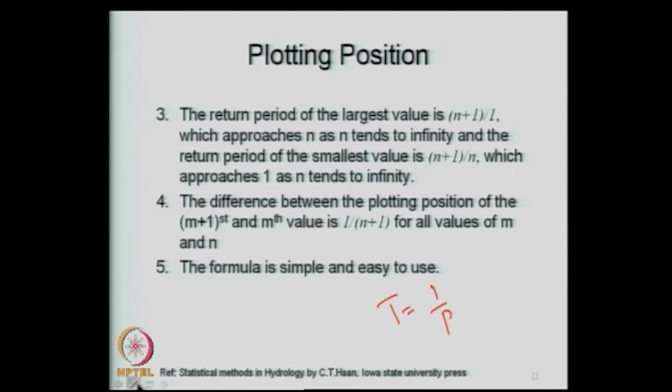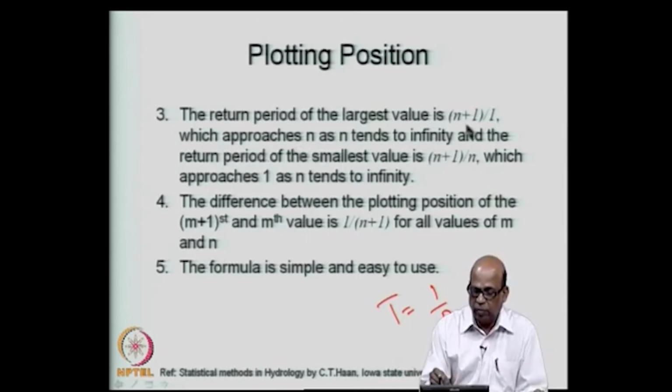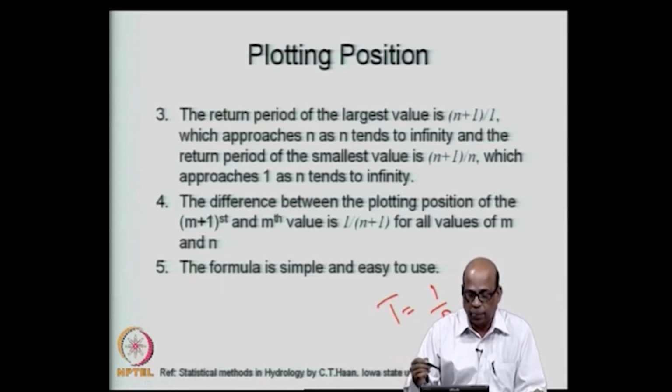We are now talking about the return periods, not the probabilities. So, return period is 1 by p. So, 1 by p will be n plus 1 by 1, because your p is 1 by n plus 1, and therefore, the return period is n plus 1 by 1. So, as n increases, this approaches n as n tends to infinity. So, n plus 1 by 1 will be almost equal to n as n approaches infinity.